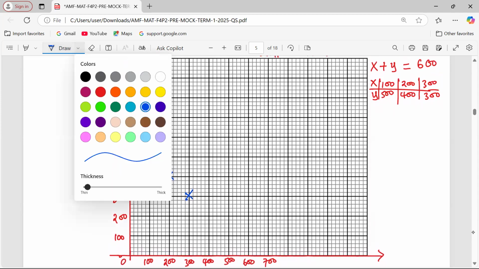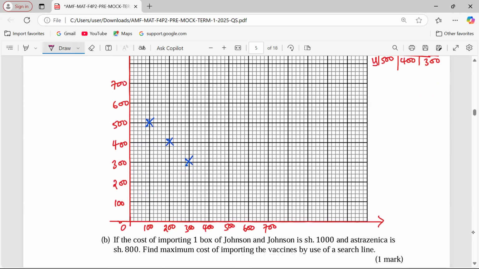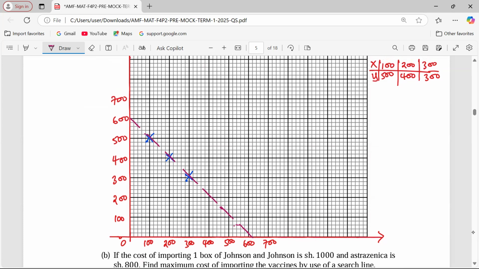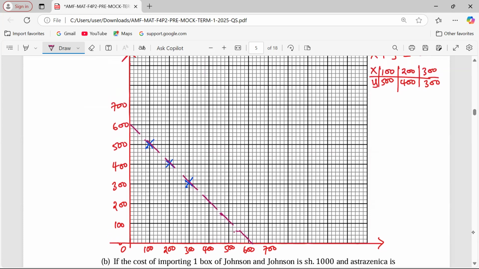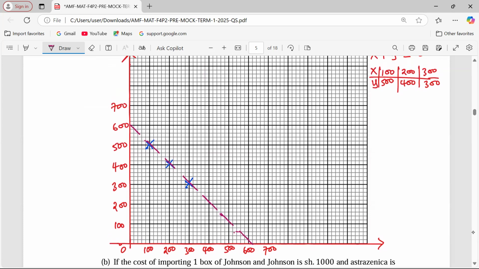And something that you're supposed to note is that we will use a dotted line for that particular inequality. So we use a dotted line. So we have the dotted line now. It might not have been very accurate.